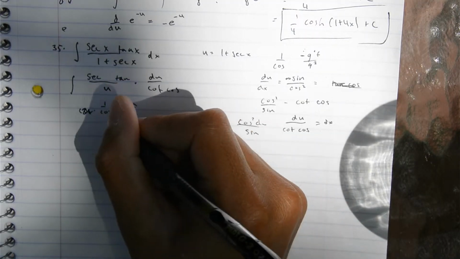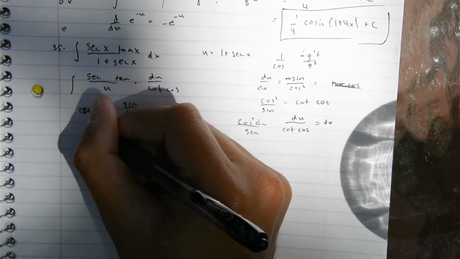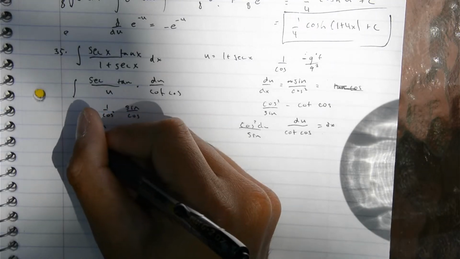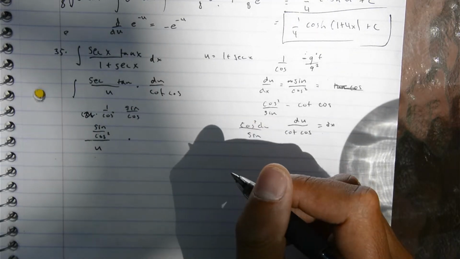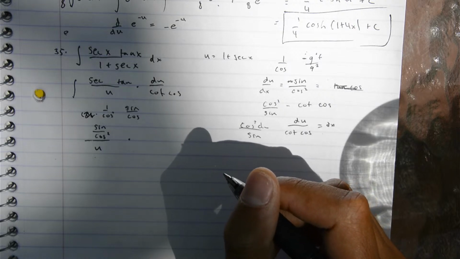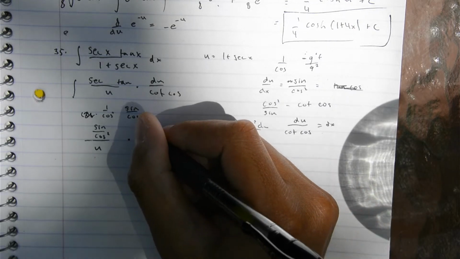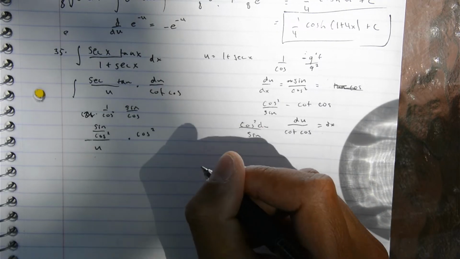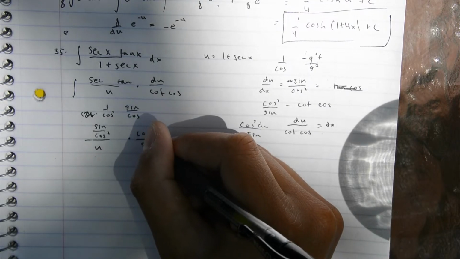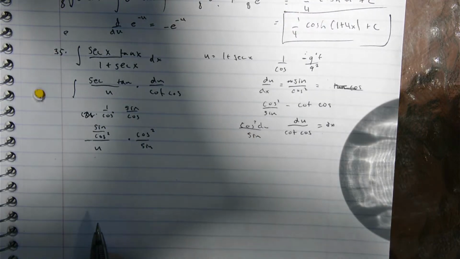So we have a sine over cos squared, all over u times cos squared sine. I hate these.